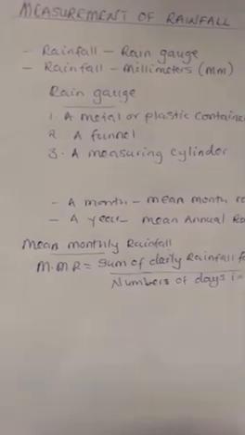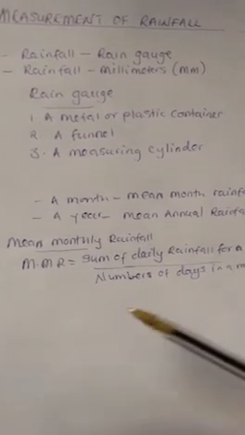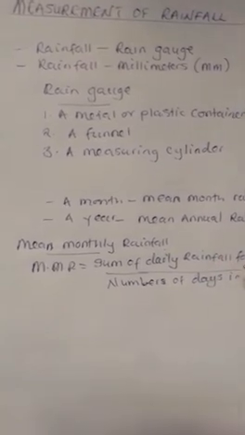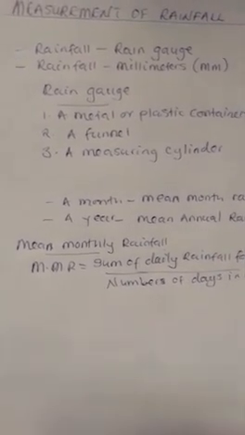If you want to find the mean monthly rainfall, you add the total rainfall received in each day of the month, then you divide by the number of days.